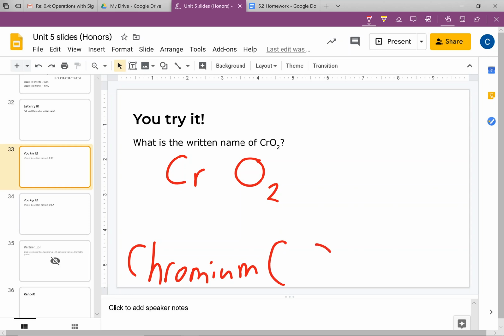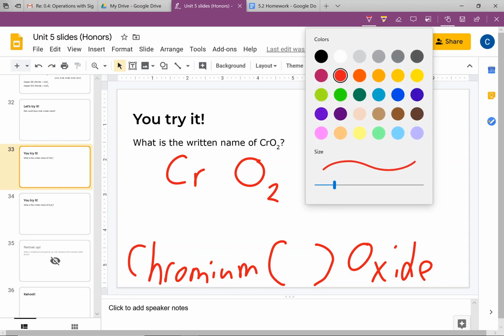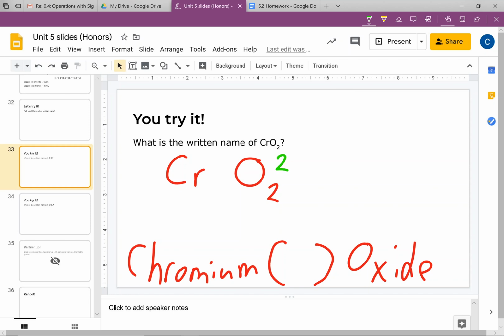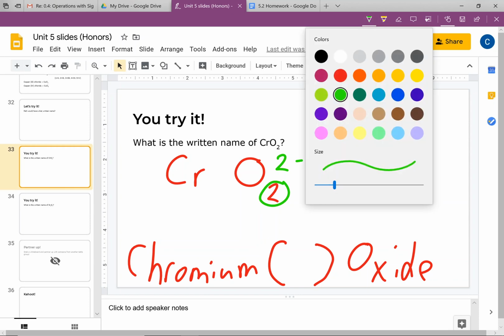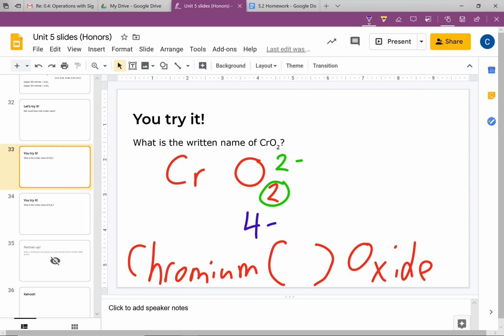And I know this is a metal, so I'm going to put in my parentheses, and that we have oxide as an ion. All right, we just need to figure out the charges now. What's the charge on a single oxygen? On a single oxide ion, it's 2-, but we have 2 of them, so the overall charge is 4-, right? 2 -2 charges leads to 4-.